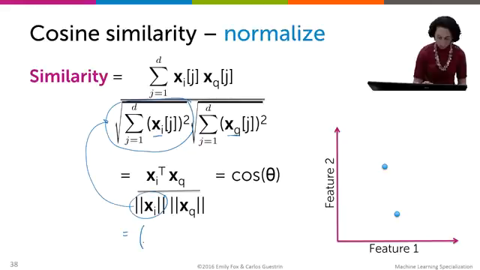And we can rewrite this further as xi divided by the magnitude of this vector, or the norm of xi, transpose, times xq divided by the norm of xq.